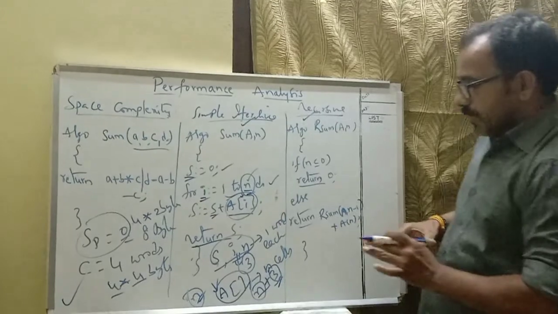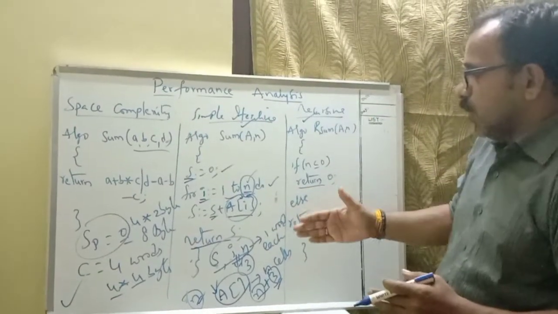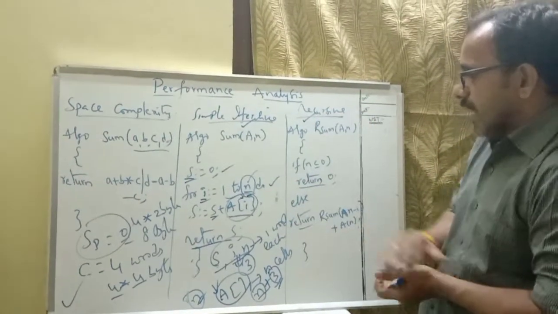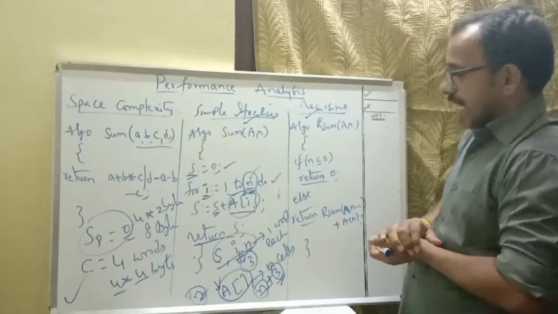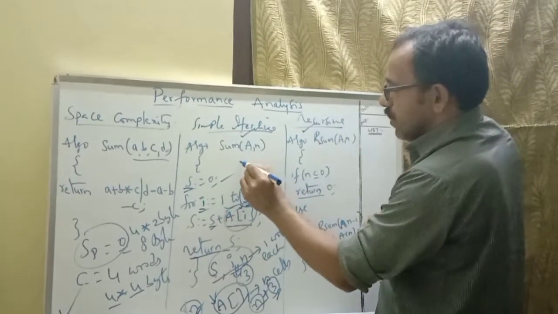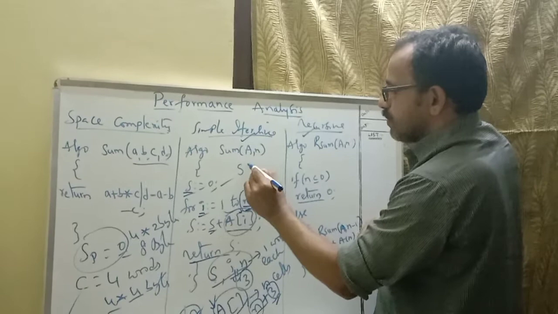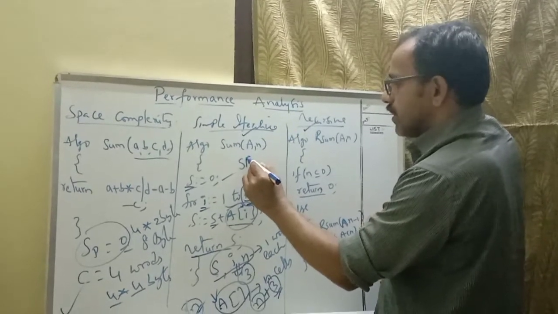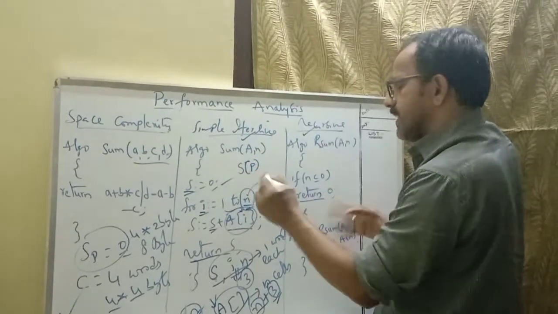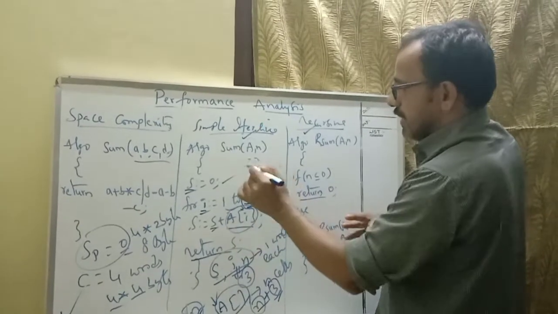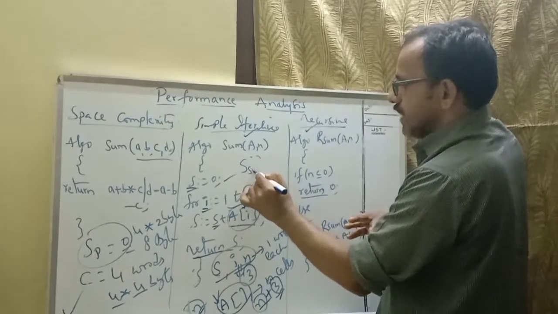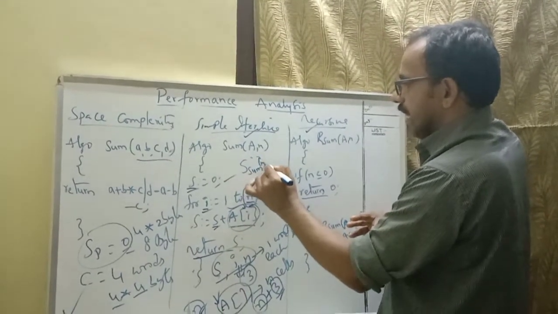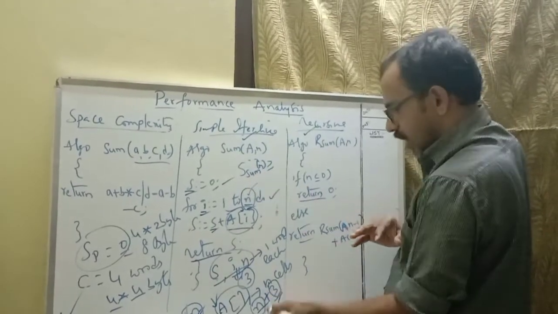Is it clear now? But we cannot always expect one for loop, or one array, or one statement within that for loop. So we can generalize the space required by any problem of size n. Already I wrote the procedure name. S sum of n array elements is always greater than or equal to how much? N plus 3.